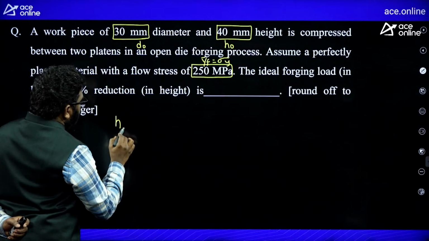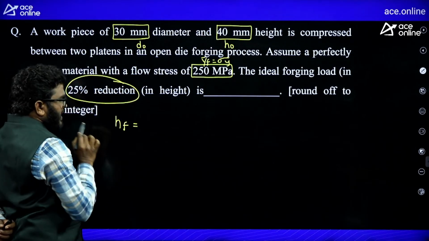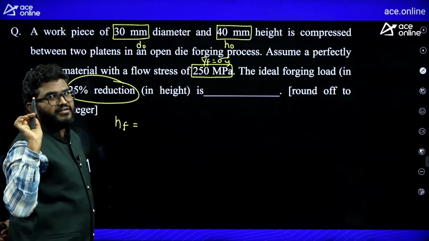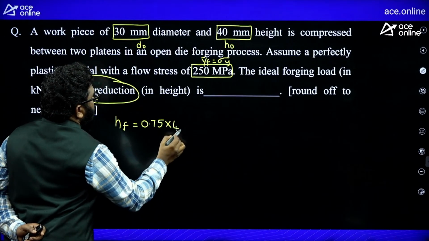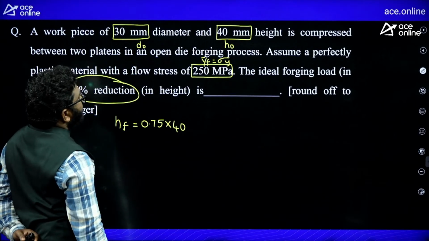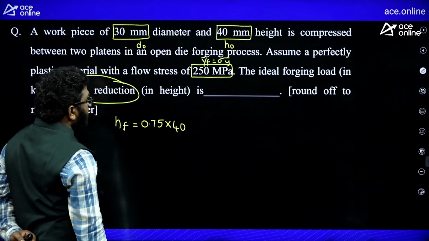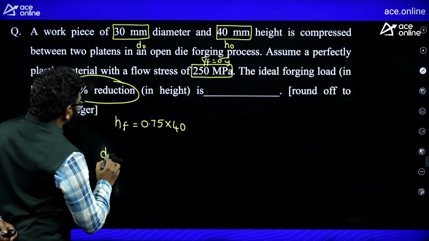So height HF is equal to, 25% reduction in height means 75% left. So 0.75 into 40 is the HF. Right, from this, listen, calculate dF.